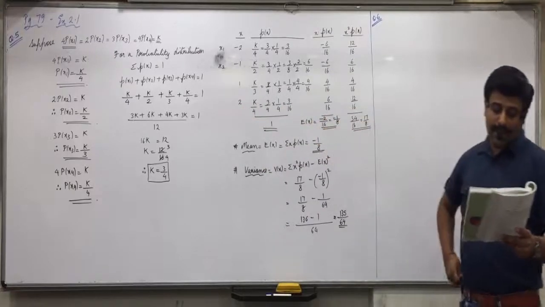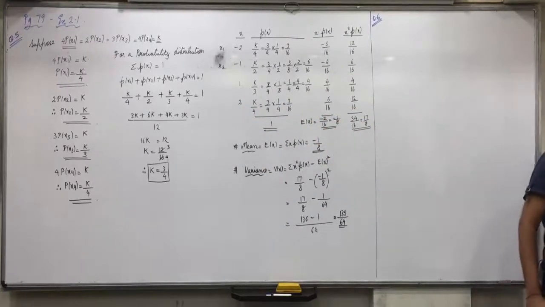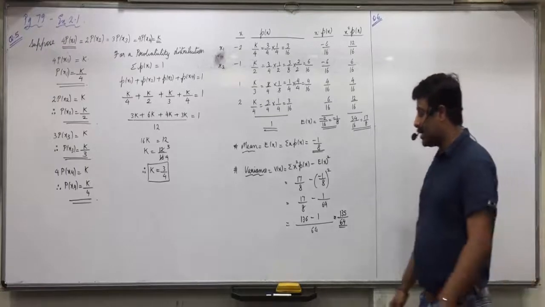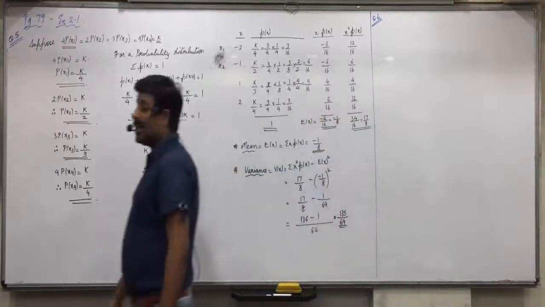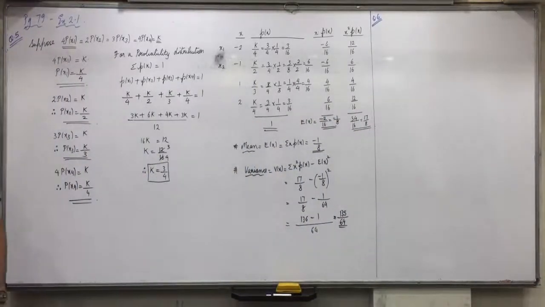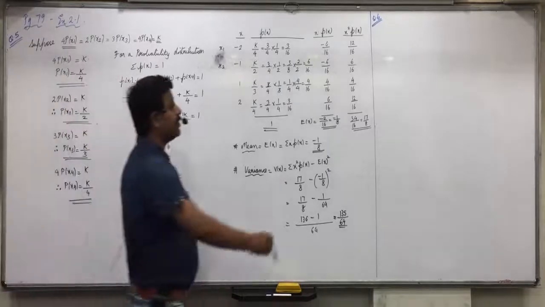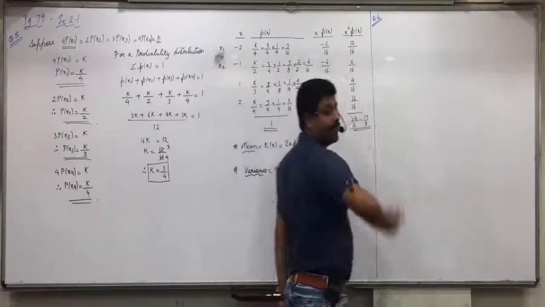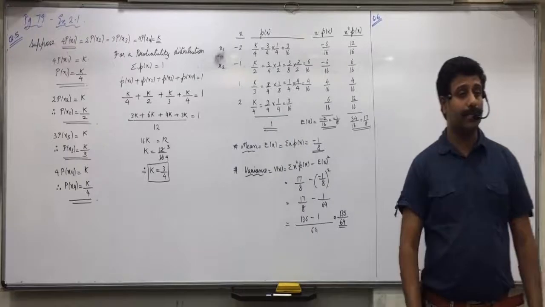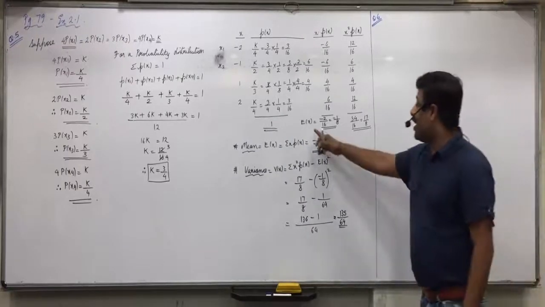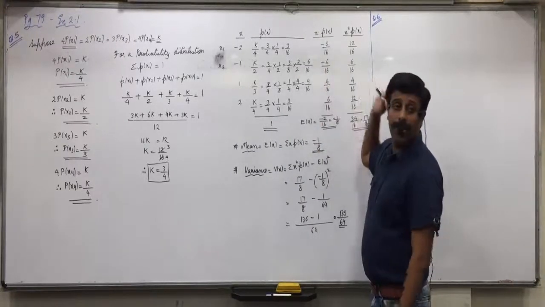Appearing both the times on the die, and obtain the expected value, write Ex. Expected value means we have to obtain only Ex, so the last working is not needed. Variance is not asked. For expected value we just need to find x into px.